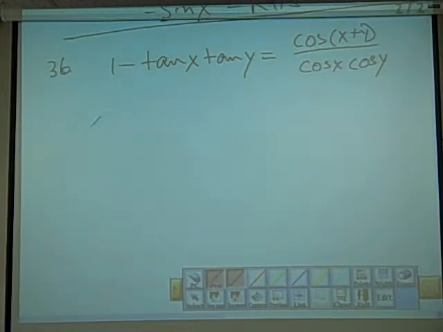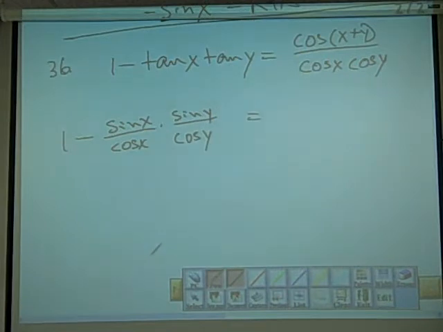Okay, so if we take the left side and we make this 1 minus sine x over cosine x times sine y over cosine y, and we look at that and we go ahead and get a common denominator, changing 1 to cosine x cosine y over cosine x cosine y.